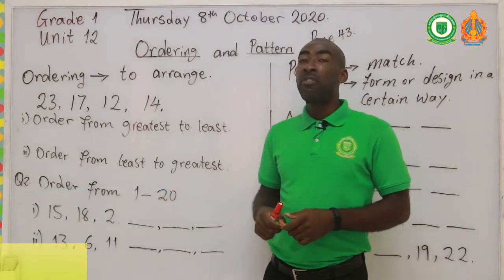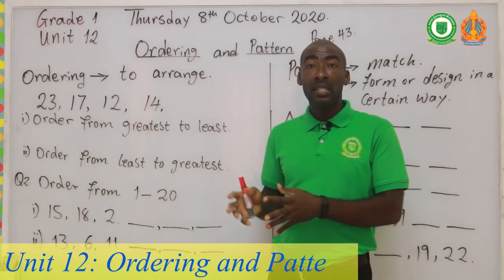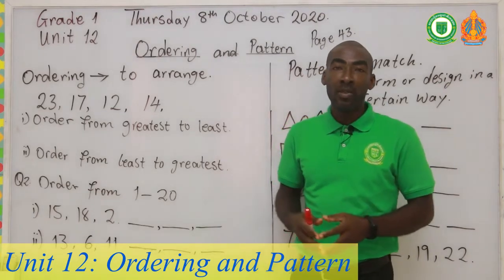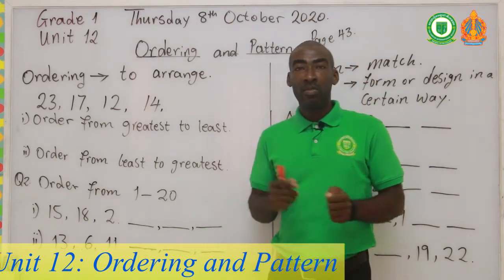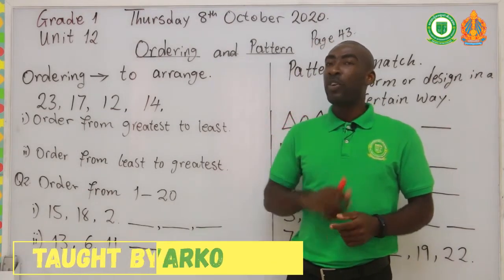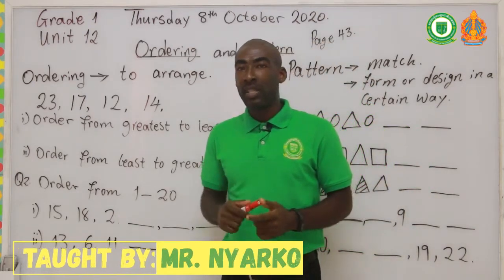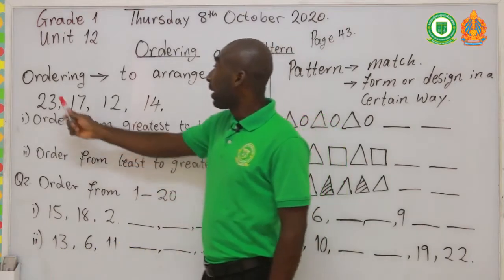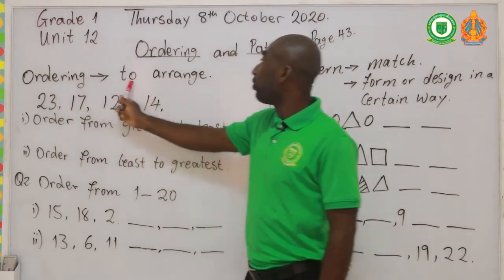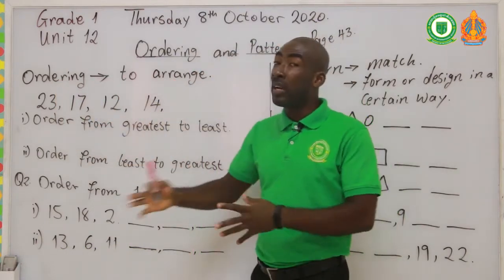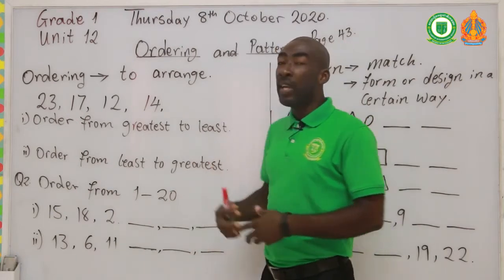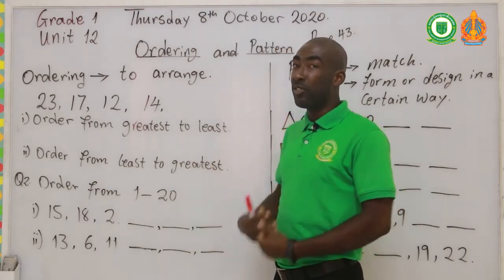If you are ordering from the greatest to the least, it means that you are doing from the biggest to the smallest. Okay, so don't forget that arrangement, and then you can always do your ordering correctly. So again, we say ordering means to arrange. Okay, it means we have to arrange, but we have to know the next line of instruction.